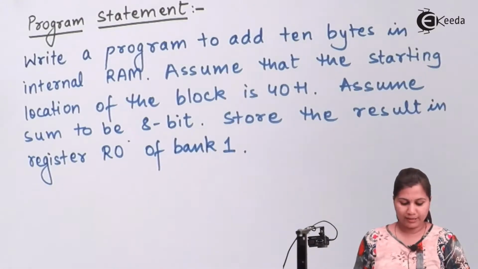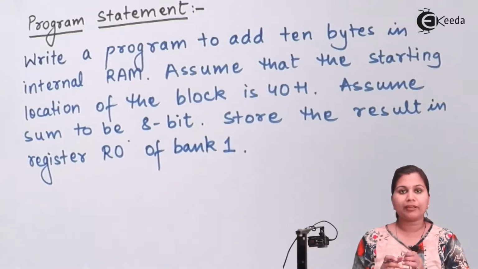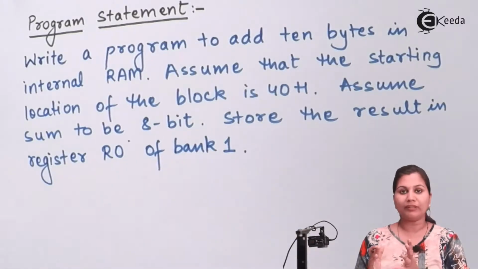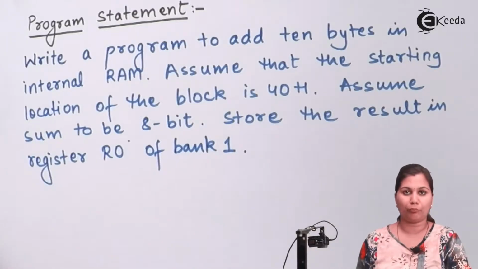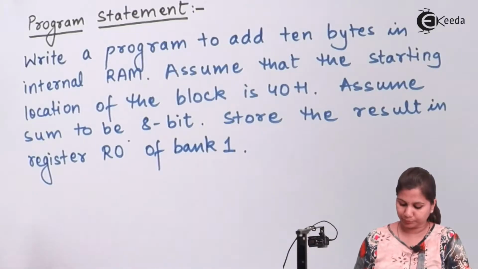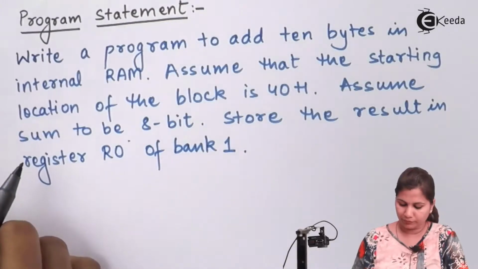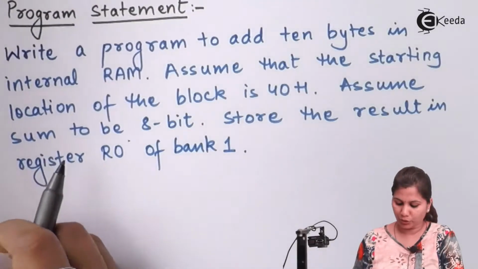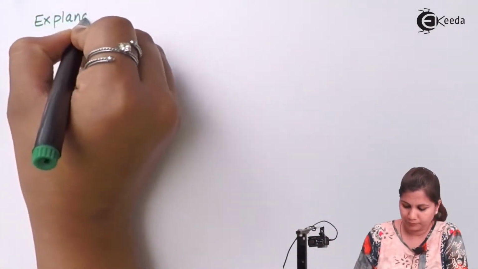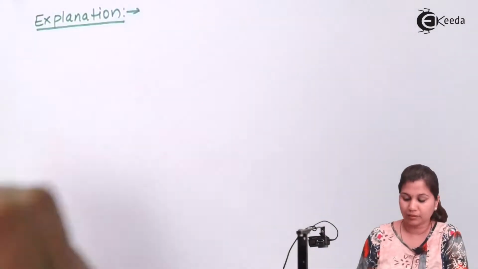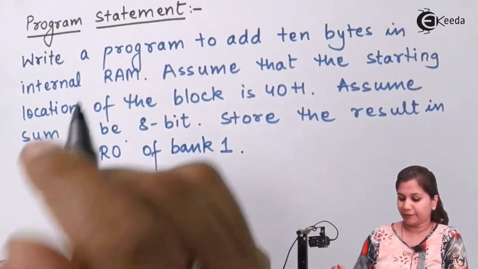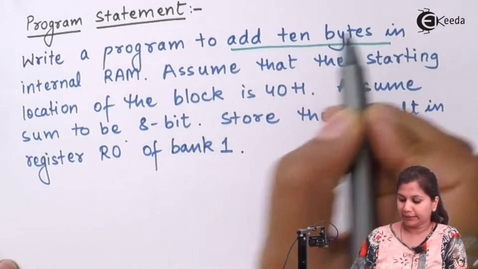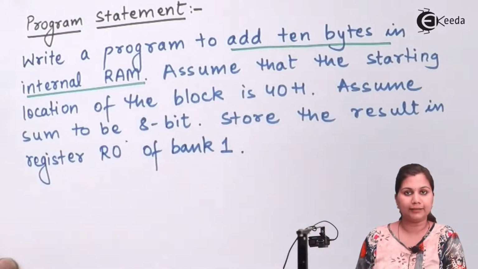Let us first have an explanation of what we have to do in this program, how we are defining our problem. Okay, so how we are going to solve this? First of all, in the program we are given that we have to add 10 bytes in the internal RAM.